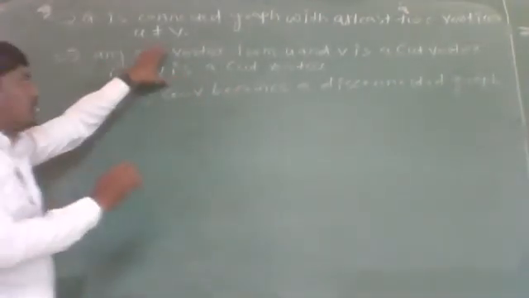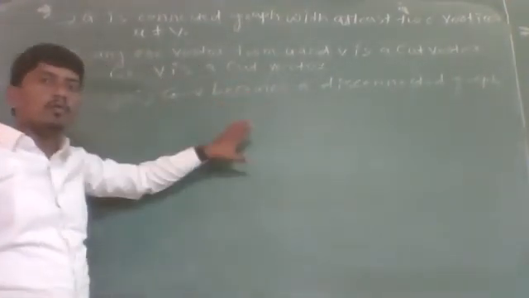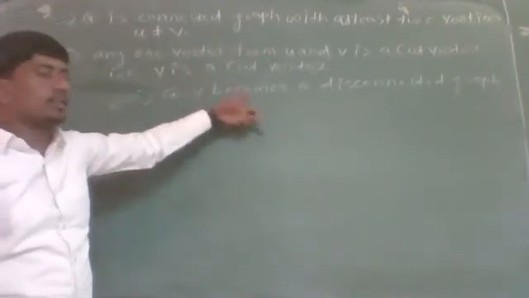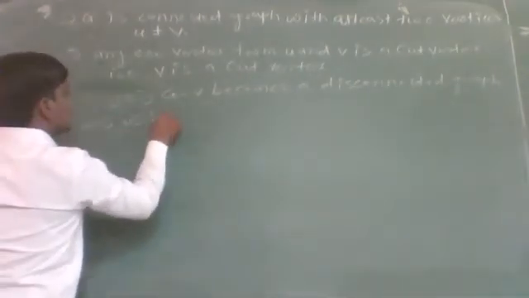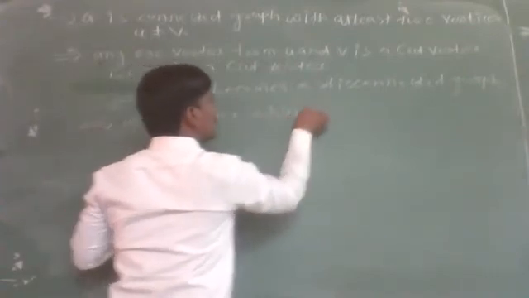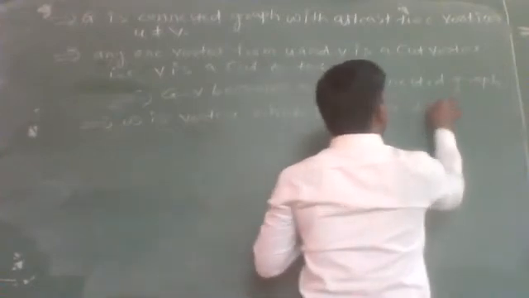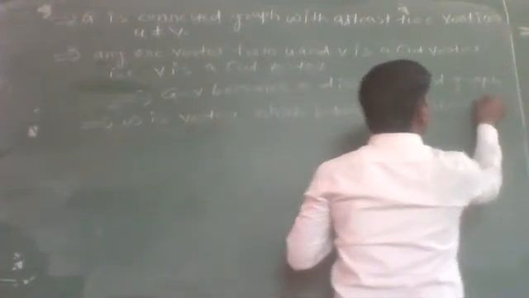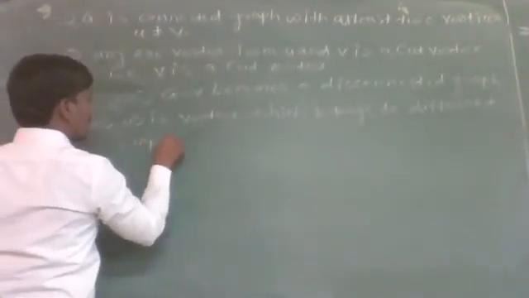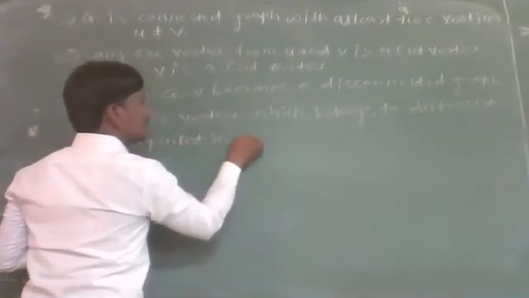That is, W is a vertex which belongs to a different component in which U is not present.